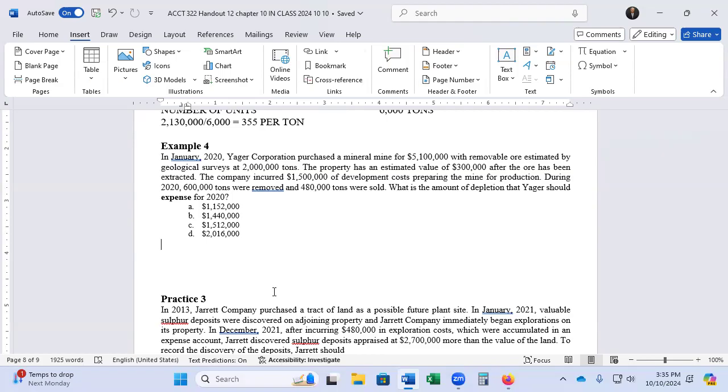So this one's a little bit tricky because it asks what was the amount of depletion that Jaeger should expense.